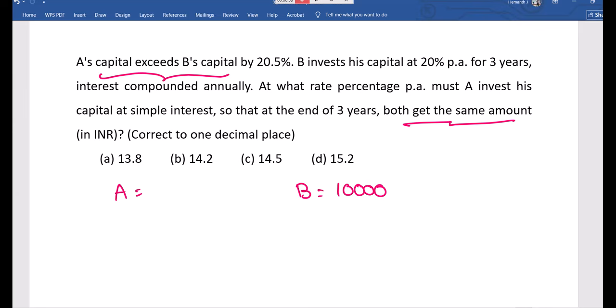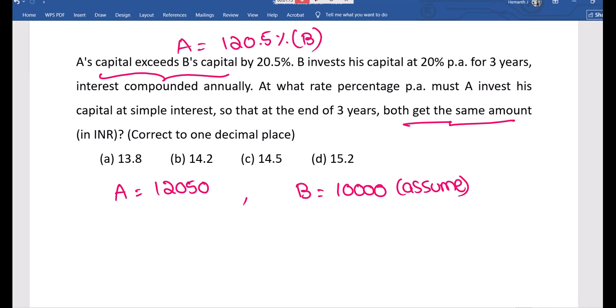If B is 10,000, A will be 12,050. A is 120.5% of B. Here I am assuming, since B's investment is not given in the question, that it is 10,000, then A will be 12,050. Now we have to calculate B, then get back to A.